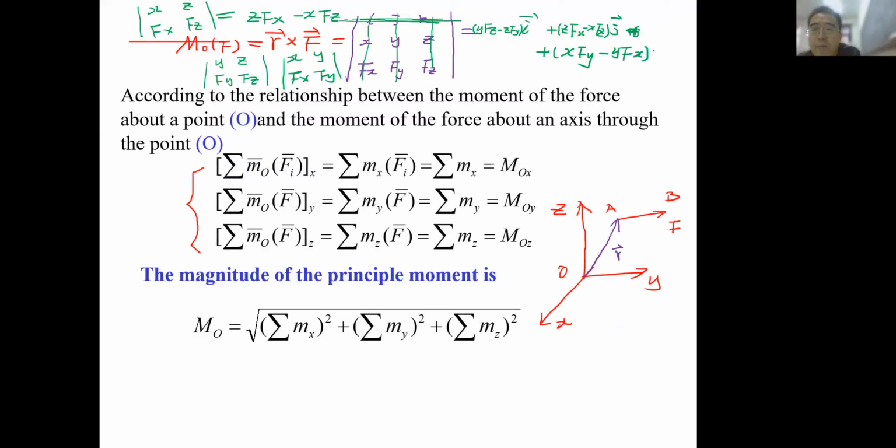This one will be along the k direction. So you guys will find I spend a lot of time to explain here. Then we'll talk about the relationship between this M_O(F) and this one. We use this.